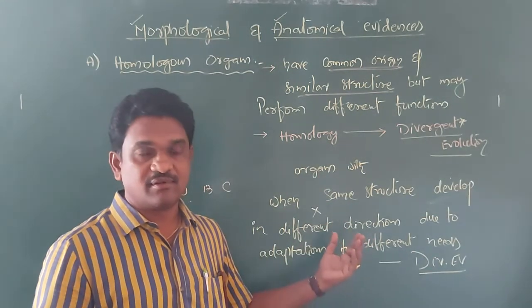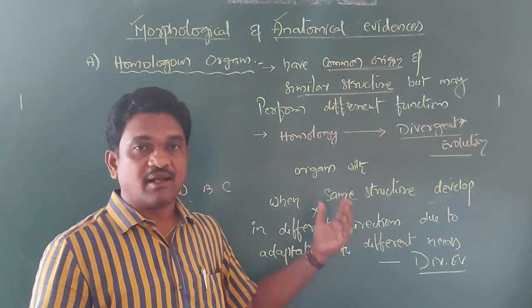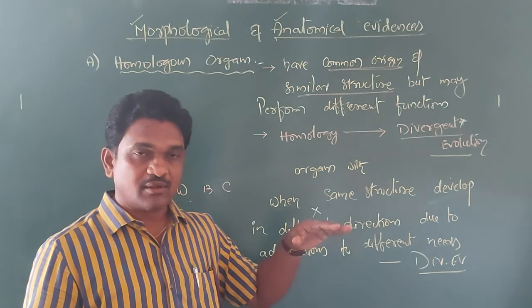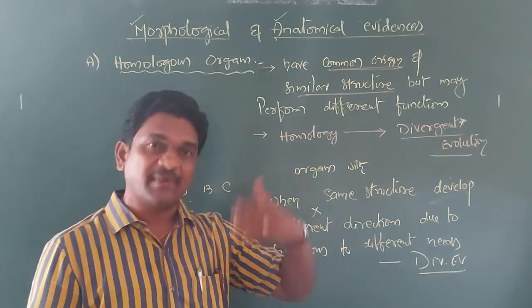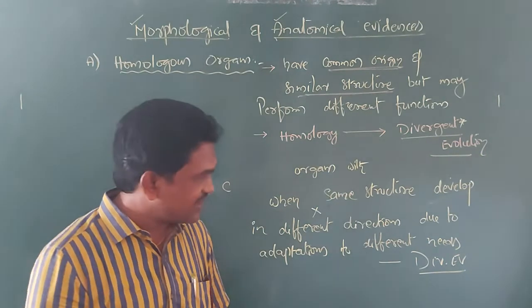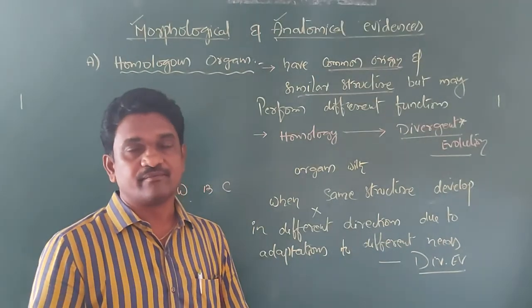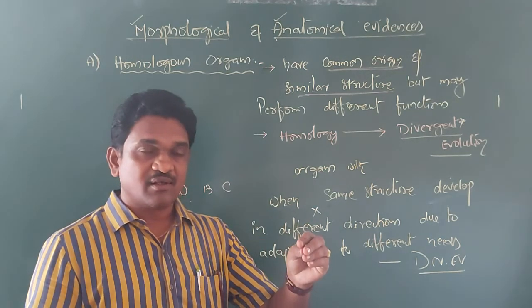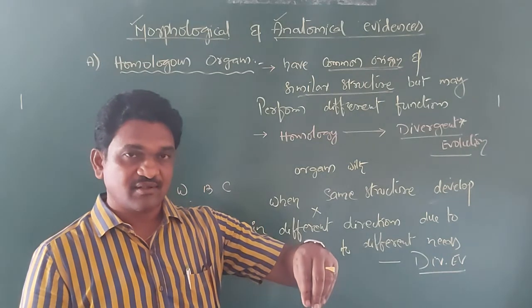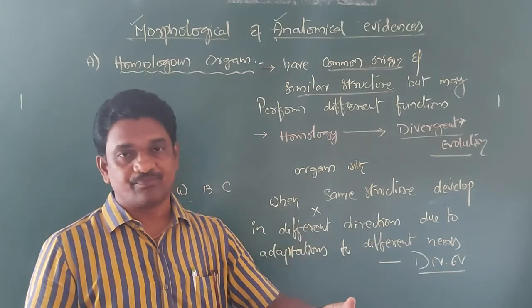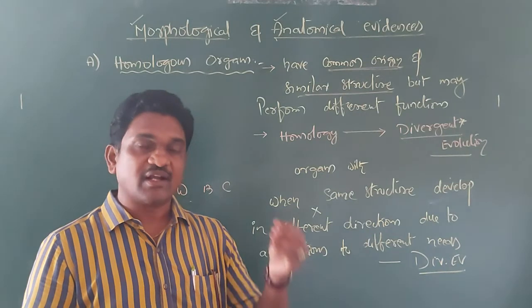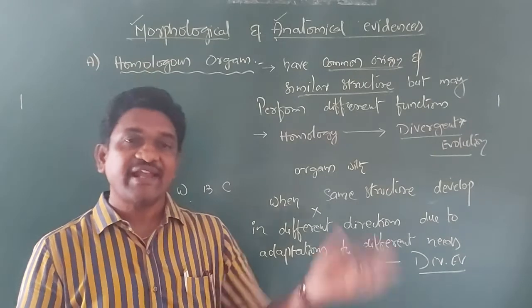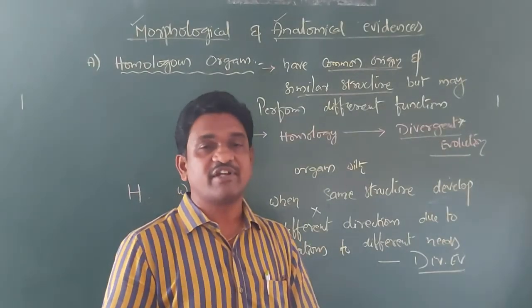In an understandable way, divergent evolution can also be explained like this: the process of development of organs with the same structure in different habitats to perform different functions. I repeat again, the process of development of organs with different functions in different habitats is called divergent evolution.